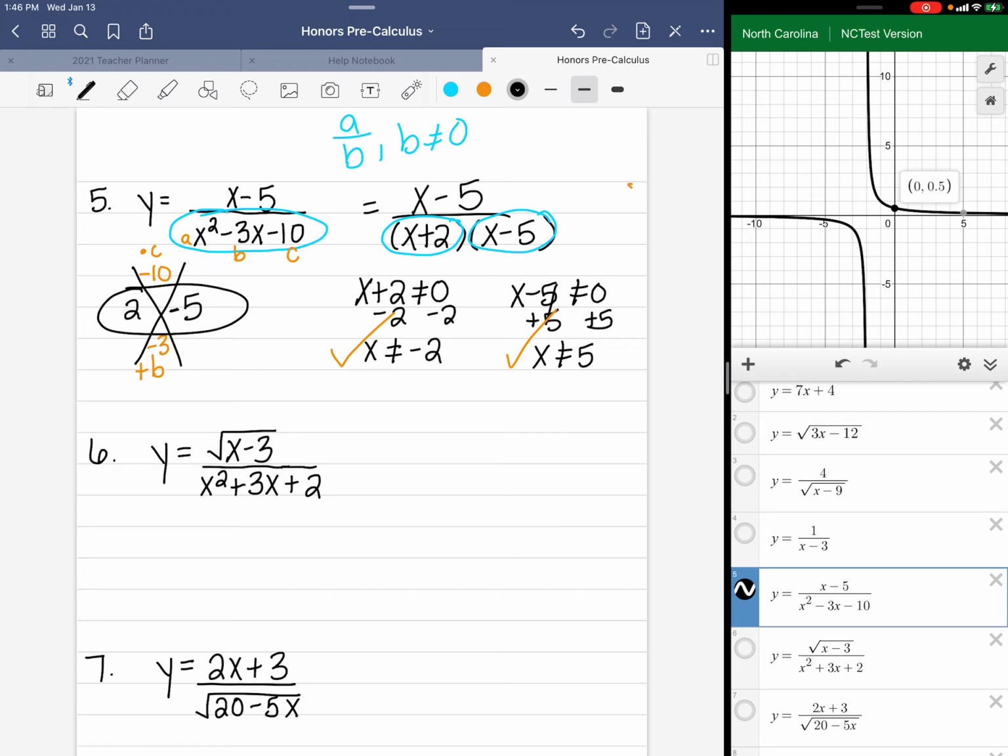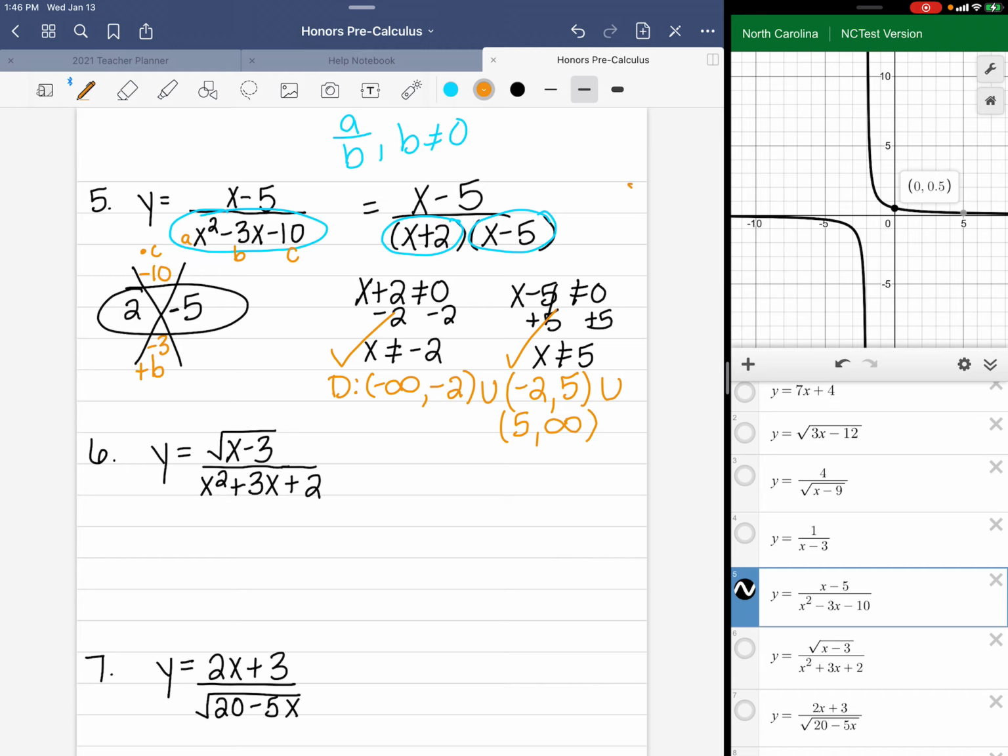So when I look at it, my domain here is going to come from negative infinity, and I'm going to go up to that vertical asymptote at -2. Then I'm going to jump over to the other piece, and I'm going to go from -2 to 5. And then I'm also going to go to the other side of 5 and go to infinity.